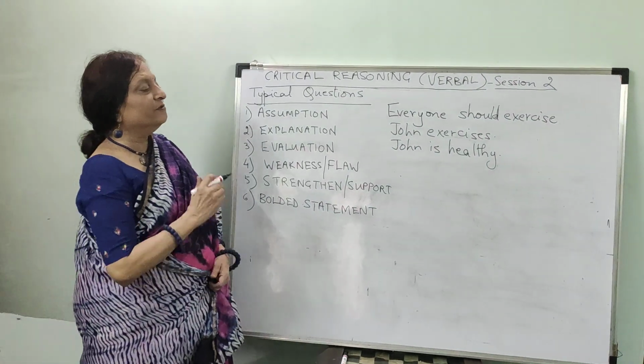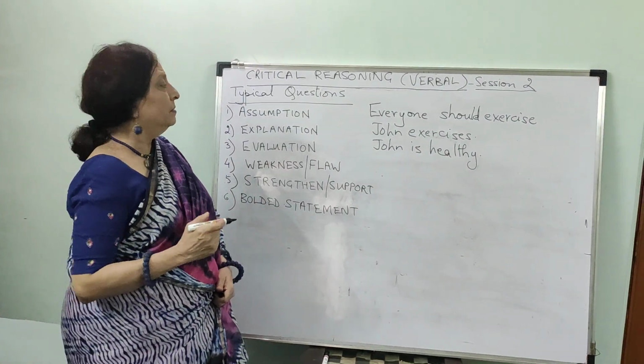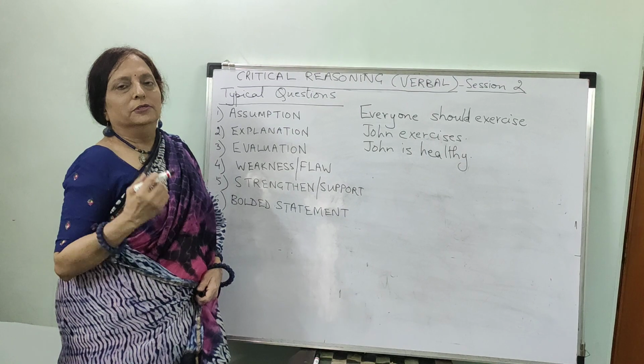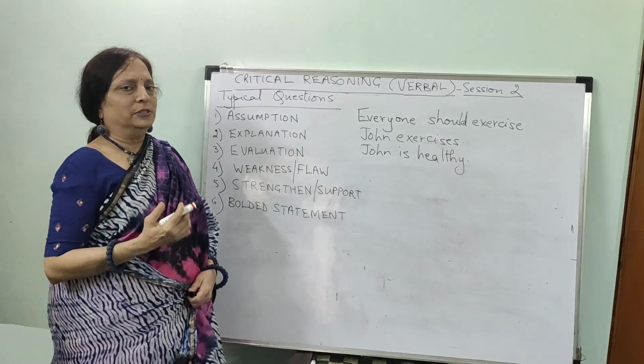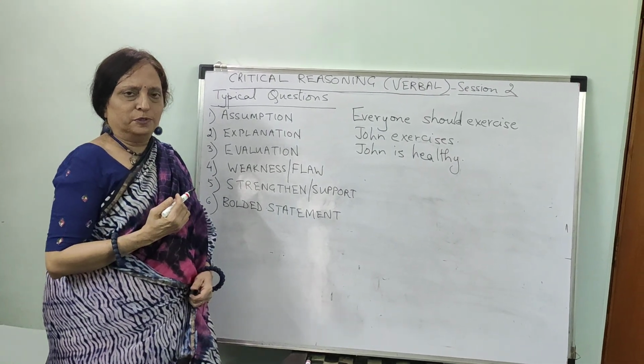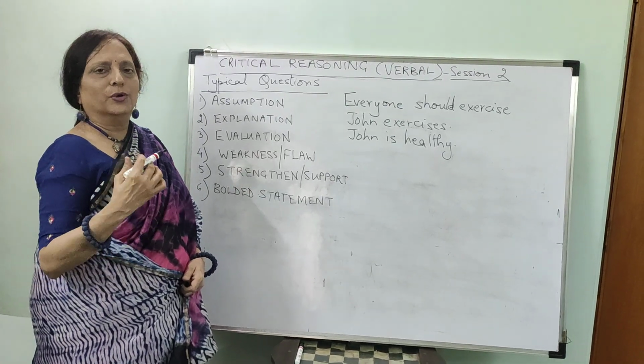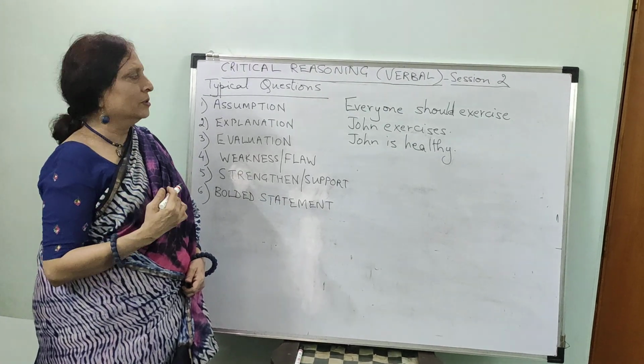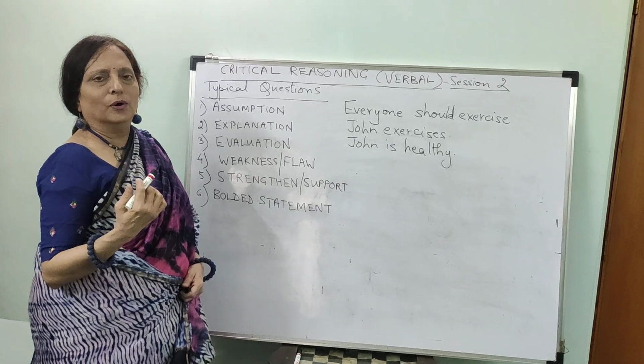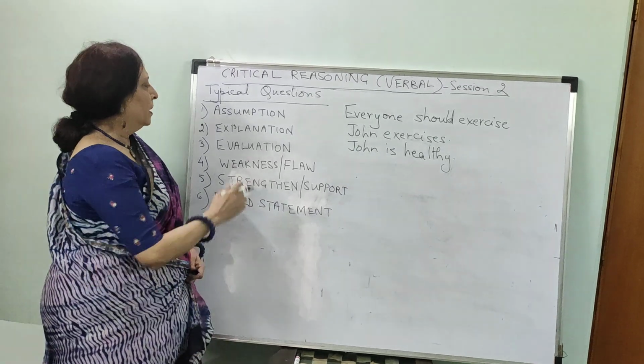Now, which of the following is an assumption made by the author? So there are actually two assumptions, but you will get in the options only one of them, that whatever happens to John is going to happen to others, or exercise and nothing else is the cause of John's health.